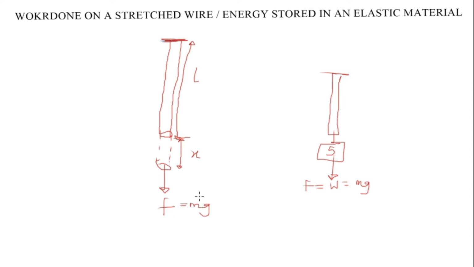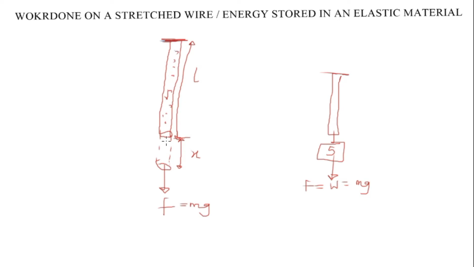Okay, but before I continue with this, I would like to quickly define what energy stored in an elastic material is. When you are stretching a wire, certain work must be done against the internal restoring force. While stretching this wire, the internal forces are actually at their equilibrium position.